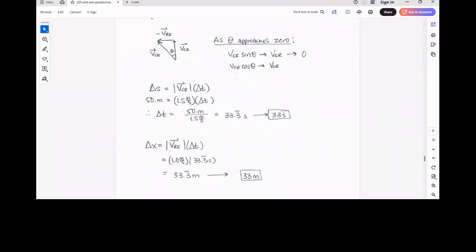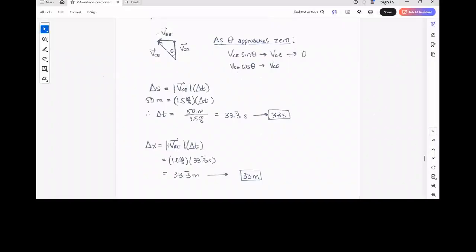I can solve this for delta t. I get an amount of time that's less than what we saw before. So what this tells us is that counteracting the flow of the river is going to cost you some time, but it's going to control where you land on the other side of the river. And then finally, we're actually trying to figure out how far horizontally our canoe moves over the course of this problem.